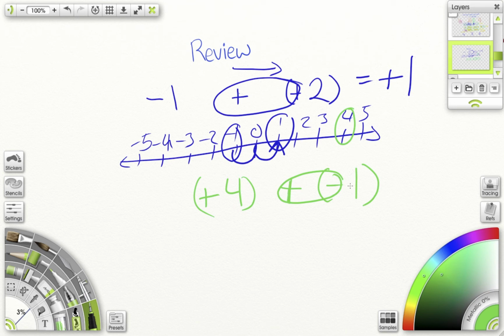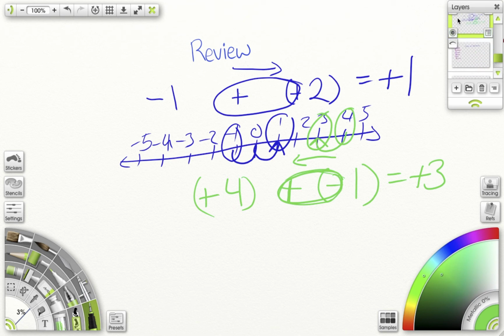So if I have two opposite signs right beside each other, a positive or negative right beside each other, it means I go to the left. And I go one spot to the left, which gives me +3. So that's our little bit of a review. From what I've seen, you guys have been doing really well with this. So I don't want to spend too much time on review, and we're going to jump into our next section.